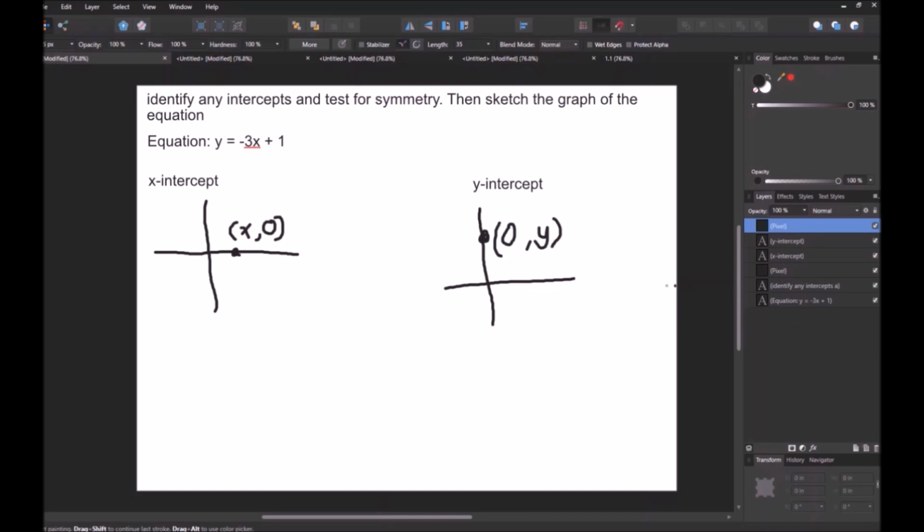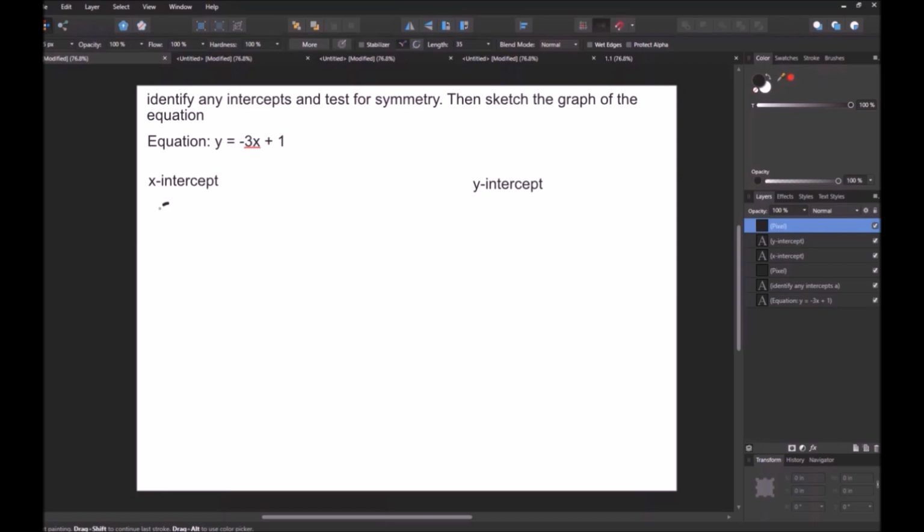which will change depending on which equation you're given. In this case, we're given the equation y equals negative 3x plus 1. So if we want to find the x-intercept, we can plug in 0 for y, because that has to be the y value by the definition of an x-intercept.